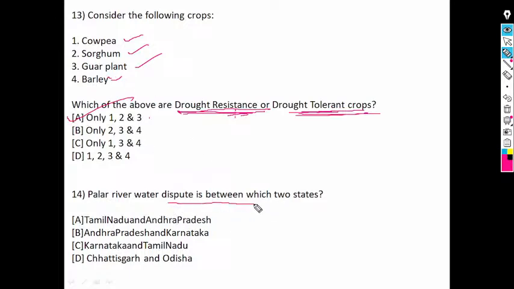Palar River water dispute is between which two states? Palar River is between Tamil Nadu, Andhra Pradesh, Karnataka, or Chhattisgarh, Odisha.